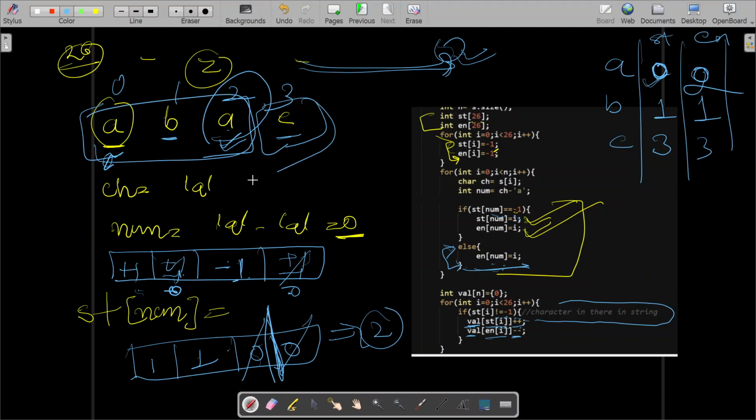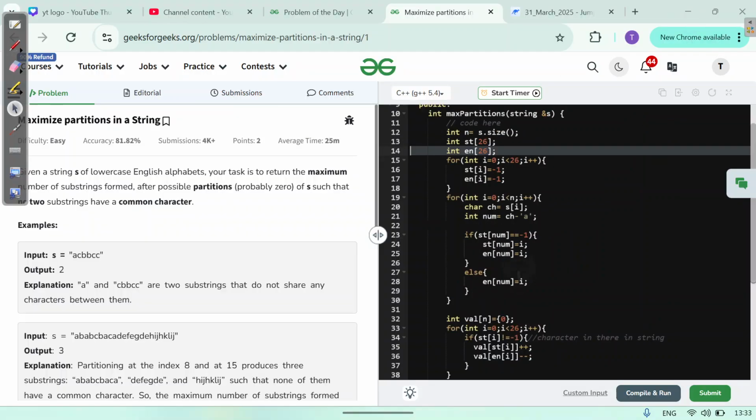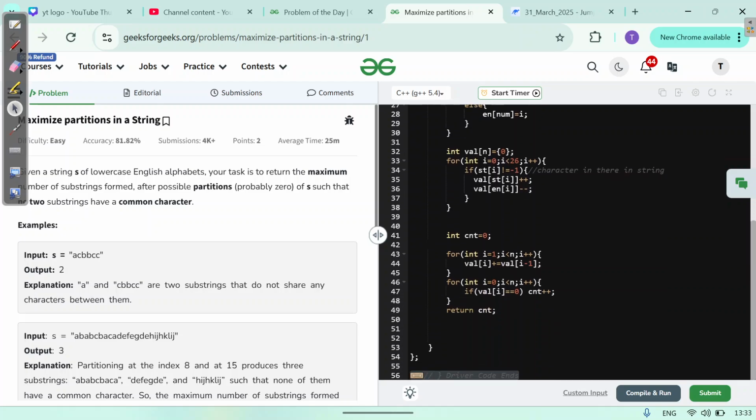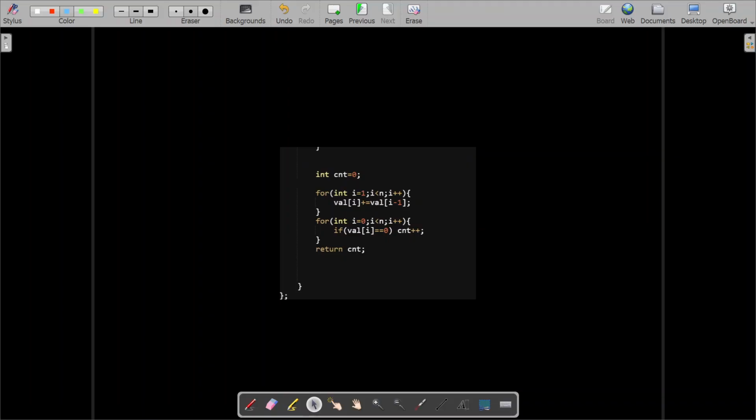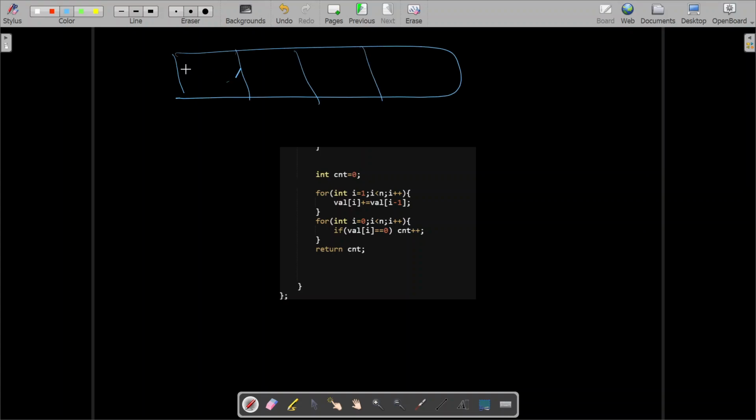So now this plus minus one part we have done till now. Now I am going to explain the prefix sum part also. What we have done is plus one minus one here.